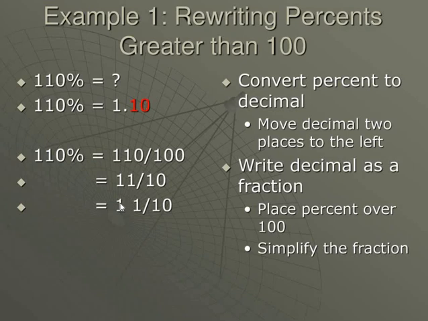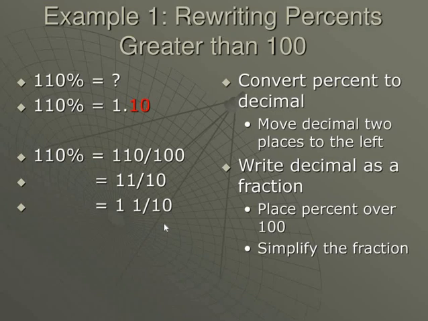Then we write the remainder, 11 minus 10, which is 1, over the denominator, which we keep as it is. So it will be 1 and 1/10.